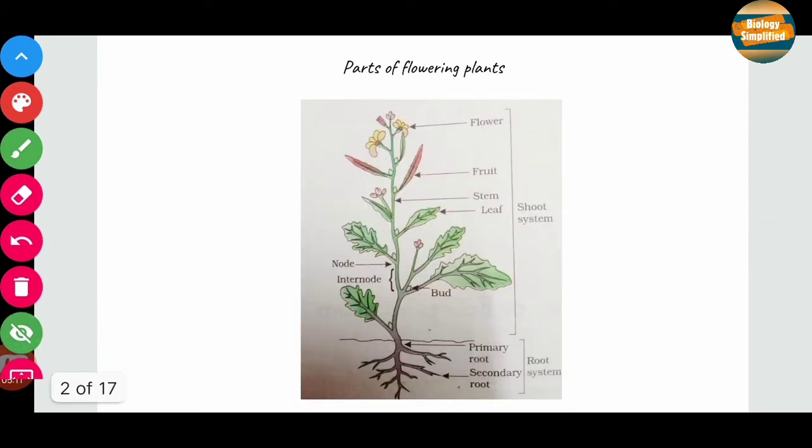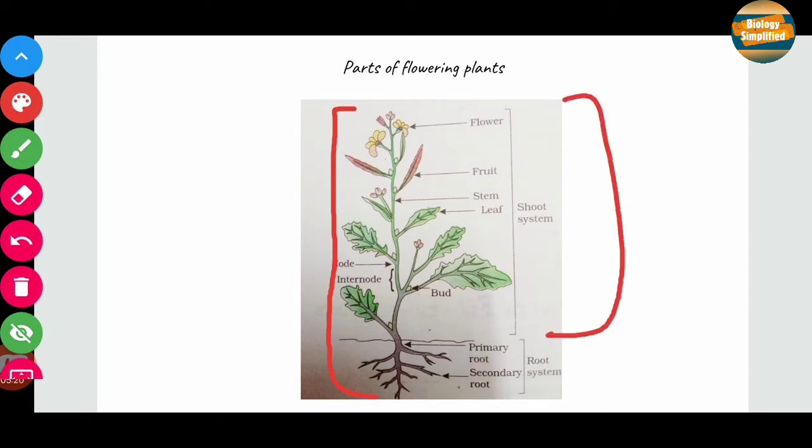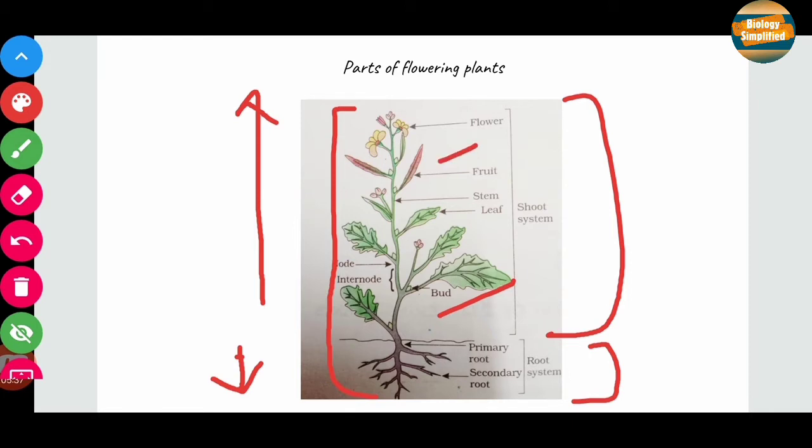We can also see here the parts of a flowering plant, and how the plant axis is divided into the shoot system and the root system. The root system develops downwards and the shoot system develops upwards. The shoot system consists of leaves, stem, fruits, flowers, and it bears nodes and internodes.